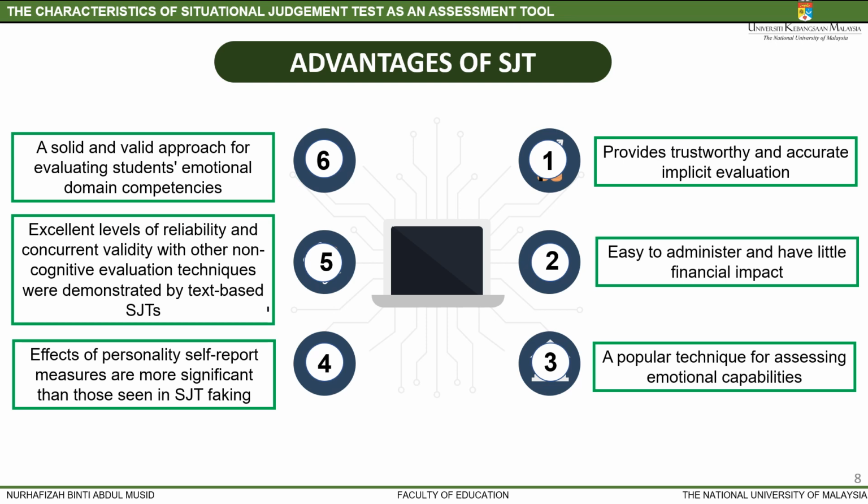Excellent levels of reliability and concurrent validity with other non-cognitive evaluation techniques were demonstrated by text-based SJTs. And the last one, SJTs are a solid and valid approach for evaluating students' emotional domain competencies such as professionalism and leadership.